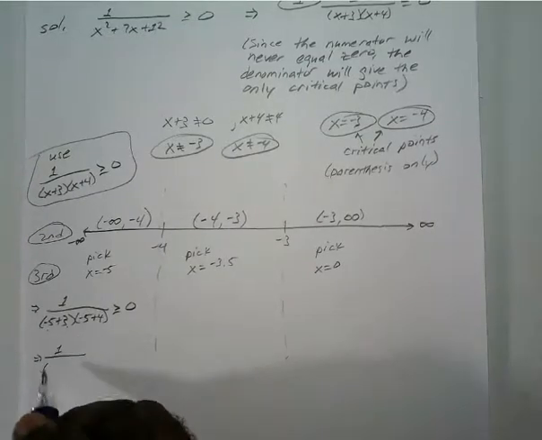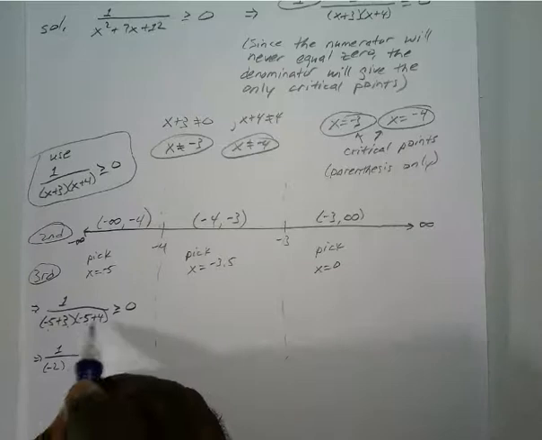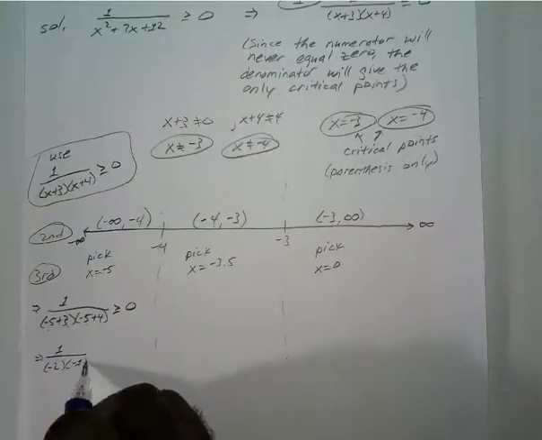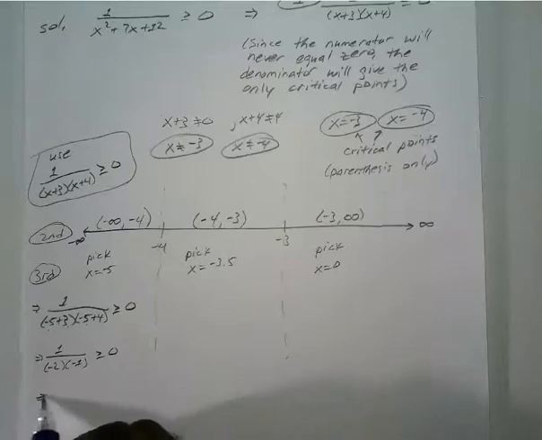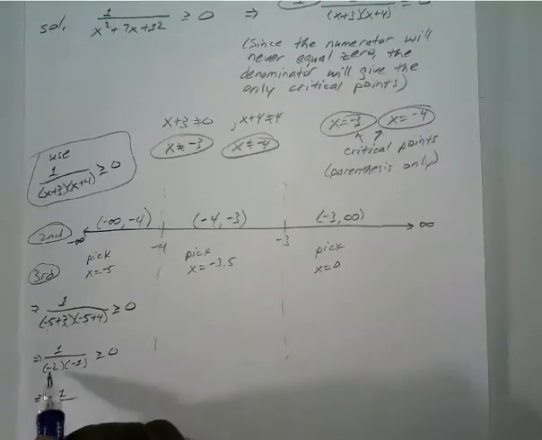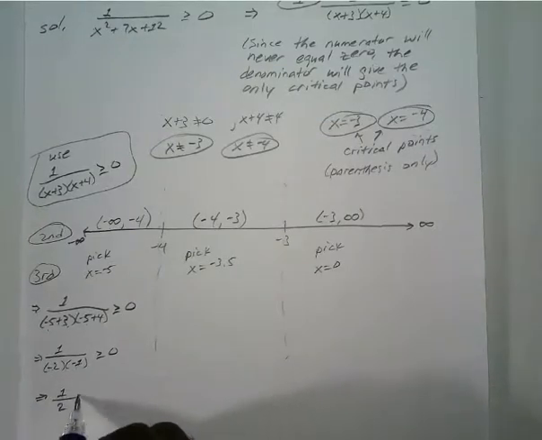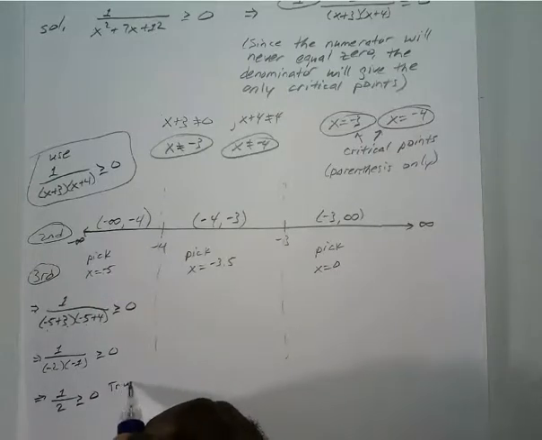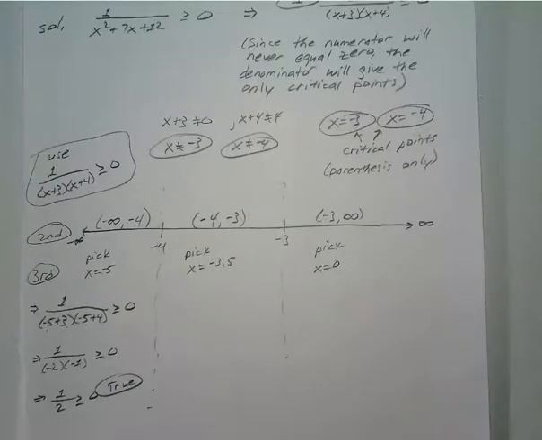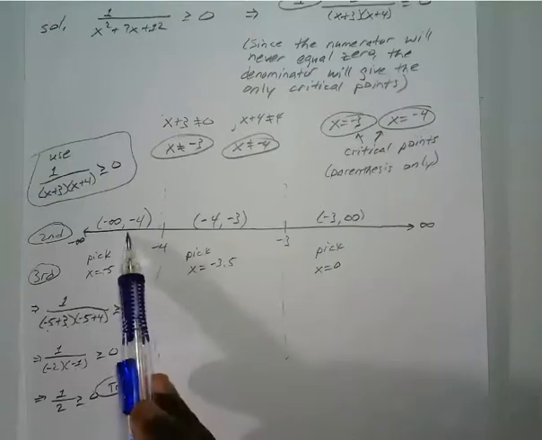Negative 5 plus 3 is negative 2. Negative 5 plus 4 is negative 1. So that gives us 1 over negative times negative is positive. So 1/2 is greater than 0, which is true. Okay, so we're not going to cross this one out.